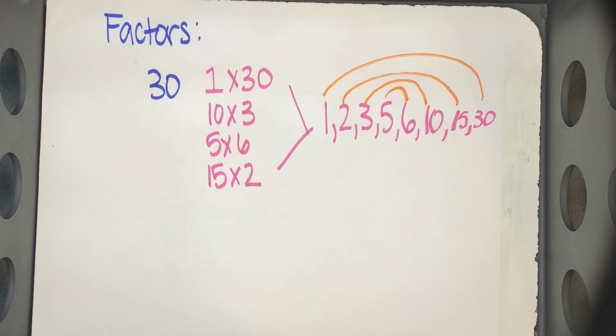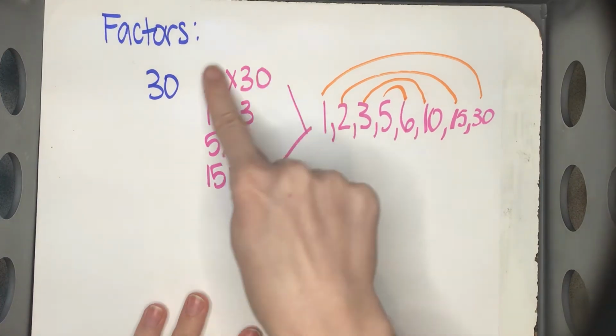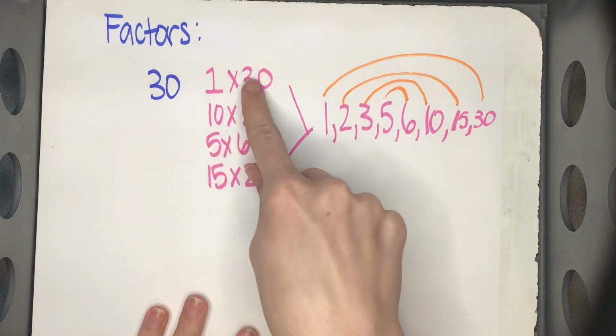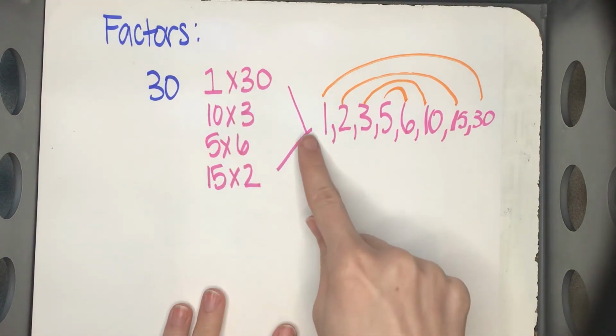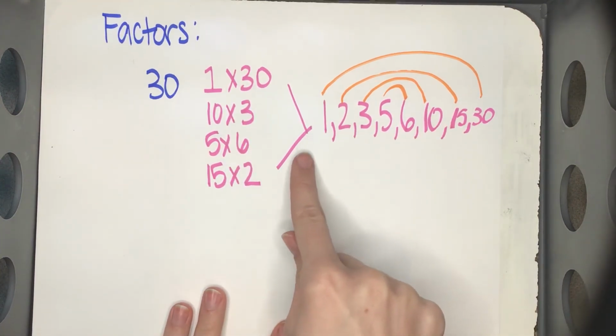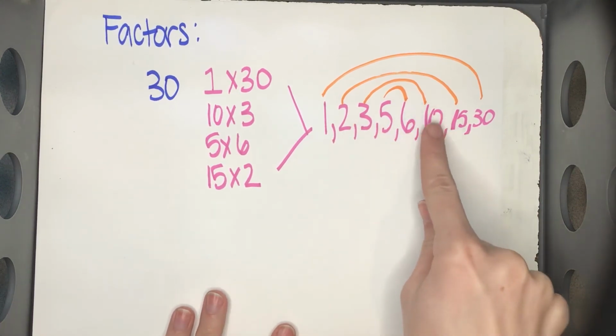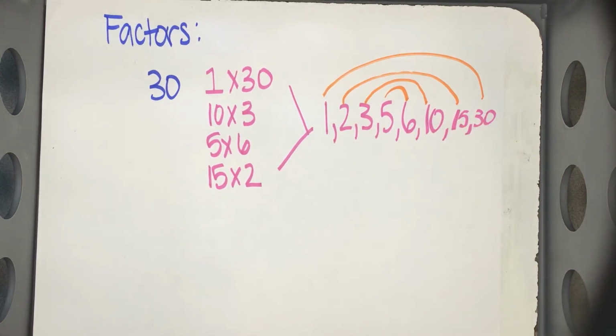So when you get to 5th grade and your teacher says, raise your hand and tell me a factor of 30, you could tell her a multiplication problem and then say the factors are 1 and 30, or you could list out numbers like this and say here are the factors: 1, 2, 3, 5, 6, 10, 15, 30.